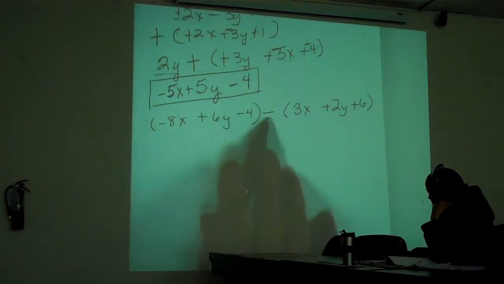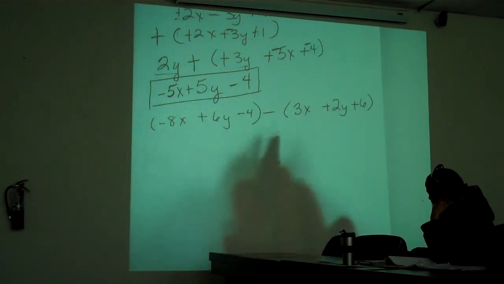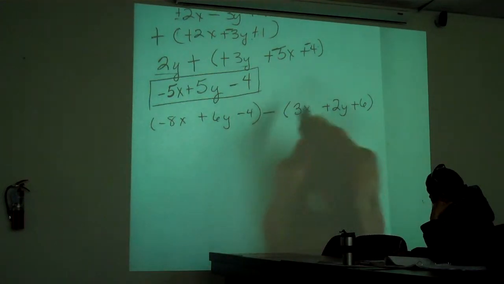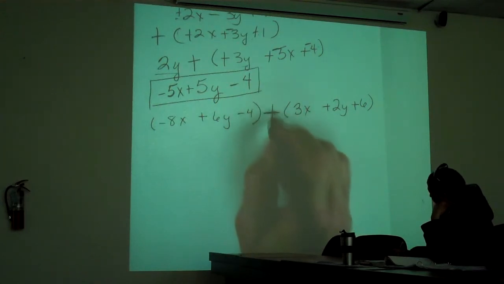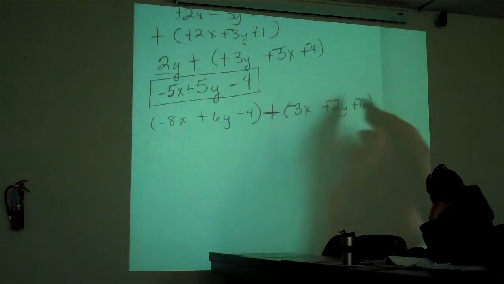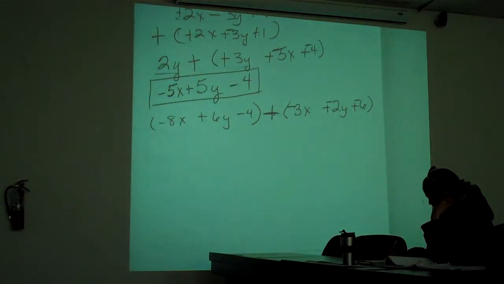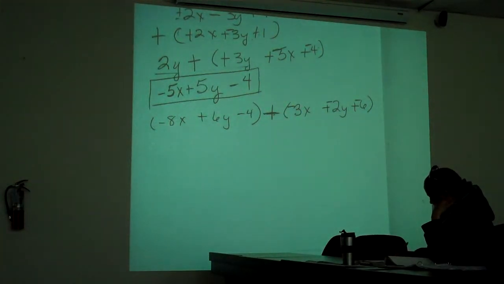Nothing in here changes. So you could rewrite that without the parentheses, and then rewrite this, or you can just do the simple way: change the minus to adding, and change every sign in the parentheses. There's too many people that make mistakes when there's a minus in the front. They forget to take it all the way through. So this is the best way to keep from making that mistake, okay?